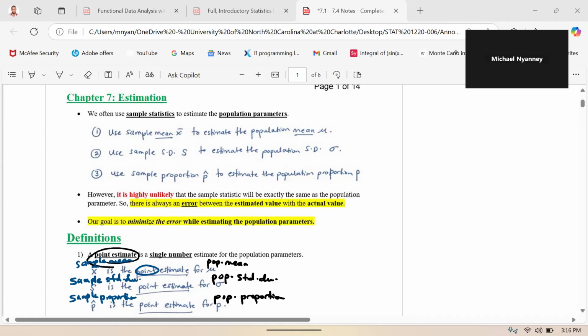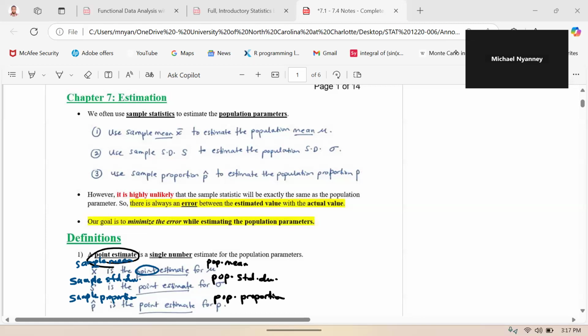In this estimation, we are going to get to know some definitions that come with it. But before we begin, we've learned before what it means when we say sample statistics and what it means when we say population parameters. Statistics are numerical representations of the sample, and parameters are numerical representations of the population.